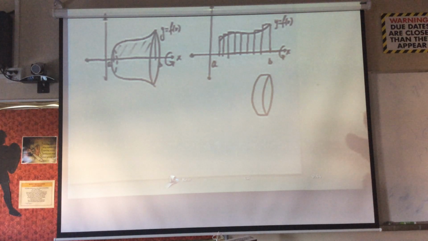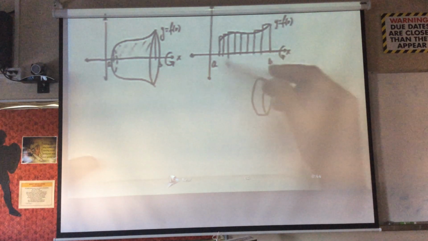Well, so how do I get the volume? If you use the same idea as we did for the area, what? Find the volume of each cylinder and add them, right? So that's why this is also the integral.